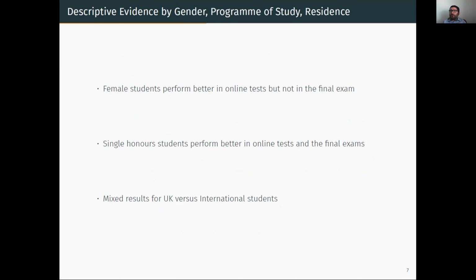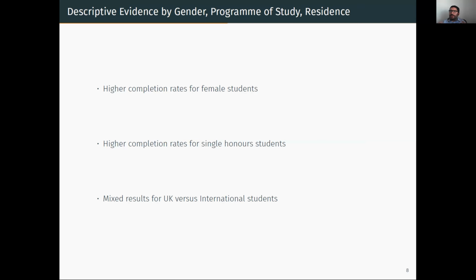We're also finding that female students are performing better in the quizzes, while in the final exam males are performing better, especially in in-person exams. Single honors students are performing better in both online tests and the final exams, and there are mixed results for UK versus international students.